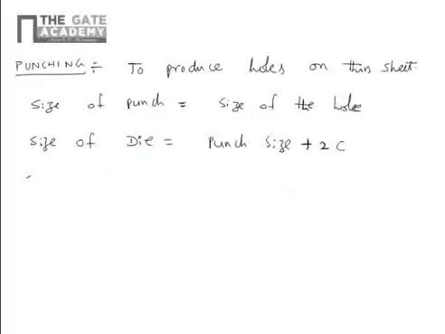So here, if you observe the above formula, in punching clearance is given to die. So this is about punching.